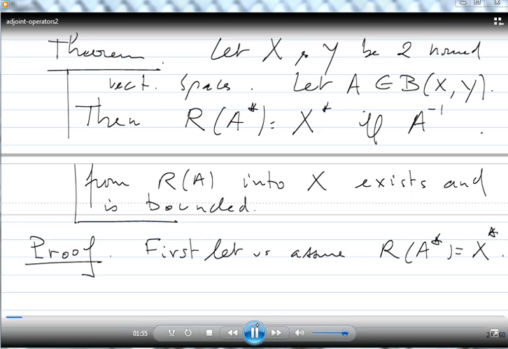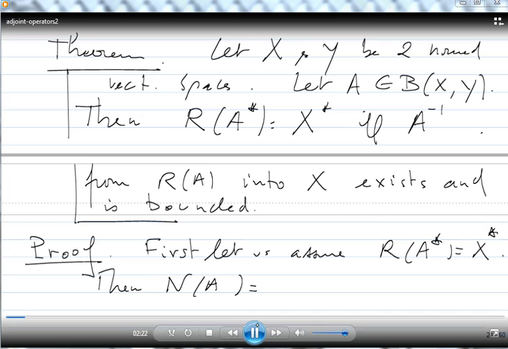Then we know that the null space of the adjoint is related to the range, so in other words, you have to switch from A to A star.